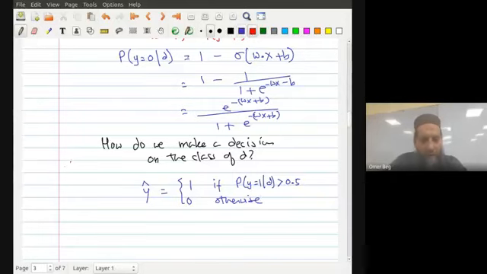If you recall, we had the sigmoid function like this. If the value lies here, we are going to say this document belongs to the positive class.